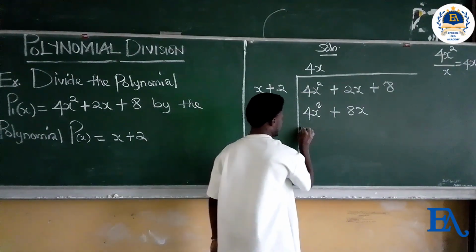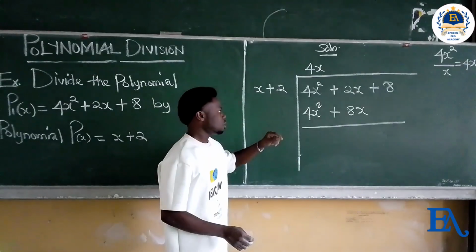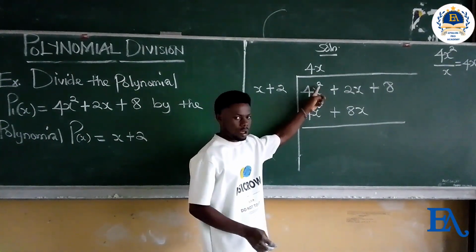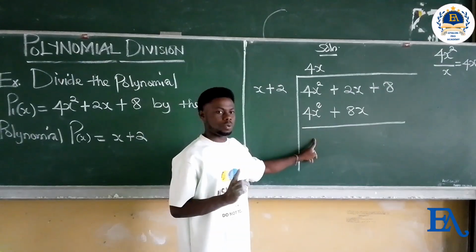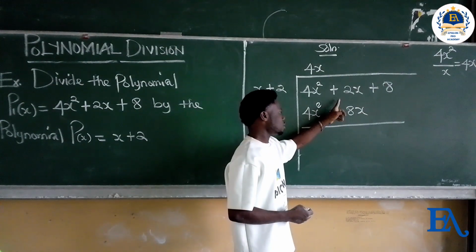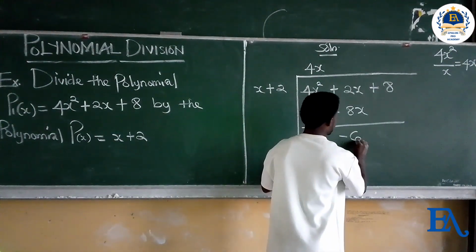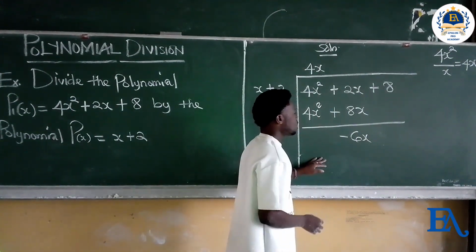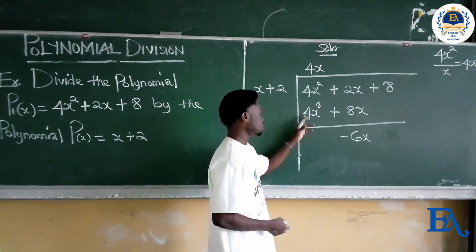Step number 3, subtract this from this. So that becomes 4x squared minus 4x squared gives 0. I'm not going to put the 0 right here. Let's move on to the next. 2x minus 8x gives minus 6x. In step number 3, we are required to subtract this from this.